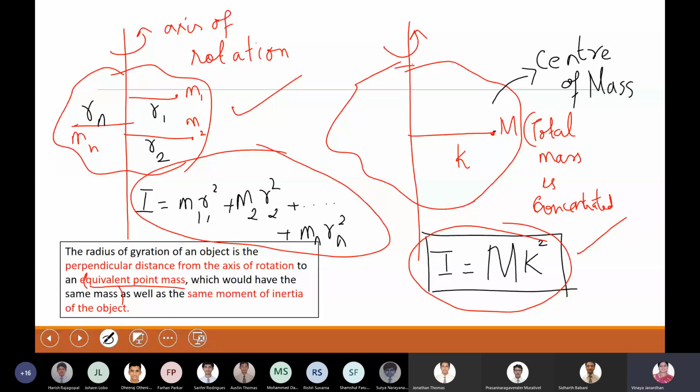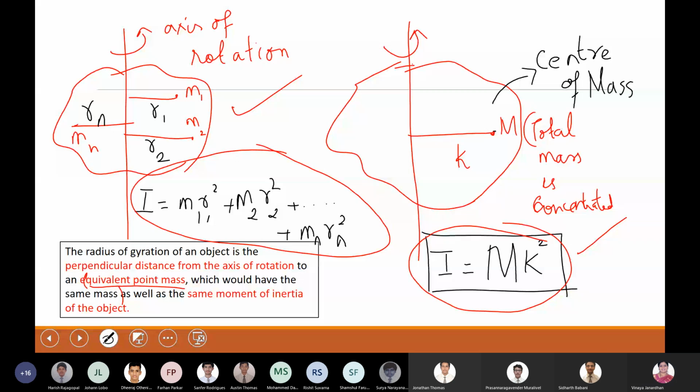Radius of gyration of an object, that is k, is the radius of gyration. What is radius of gyration? It is the distance between the center of mass of the body from the axis of rotation, and that distance should be perpendicular.